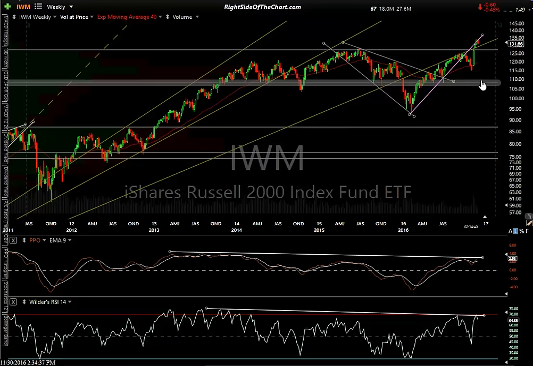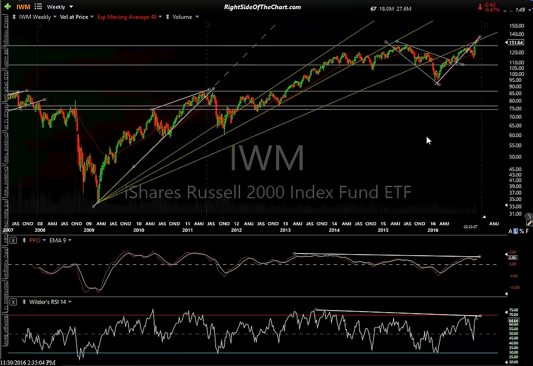It costs more for them to buy our goods in their currencies. So therefore, it hurts their large cap multinational companies, which tend to do a lot of exporting, selling their products overseas. Small caps, as a rule, tend to sell more domestically. And that's one of the reasons I think we've seen this rally recently in the small caps. At least the rally in the dollar has exacerbated the gains in the small caps compared to those in the large caps. All right, enough on that. That's a little fundamental tidbit for you.